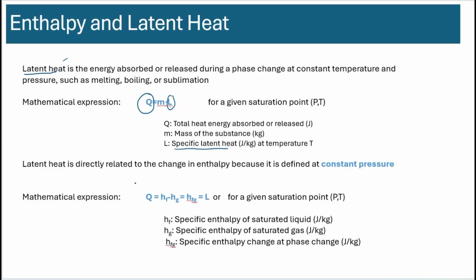So how do we do that? The latent heat is directly related to the change in enthalpy because it's defined at constant pressure. Like we just discussed, a change in phase at saturation happens at a constant pressure, so you're moving from left to right or right to left on the diagram. Since the change is happening at a constant pressure, you can use the enthalpy change to calculate the total heat transfer.